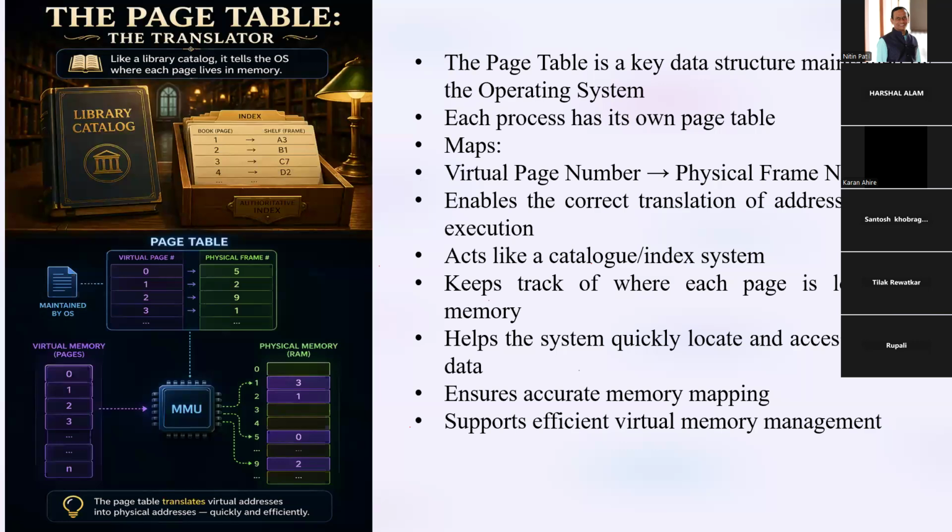For every process, the operating system maintains a page table that maps the virtual page number to its corresponding physical frame number in RAM. Think of it like a library catalog. It does not store the actual data, but tells you exactly where each page is located.